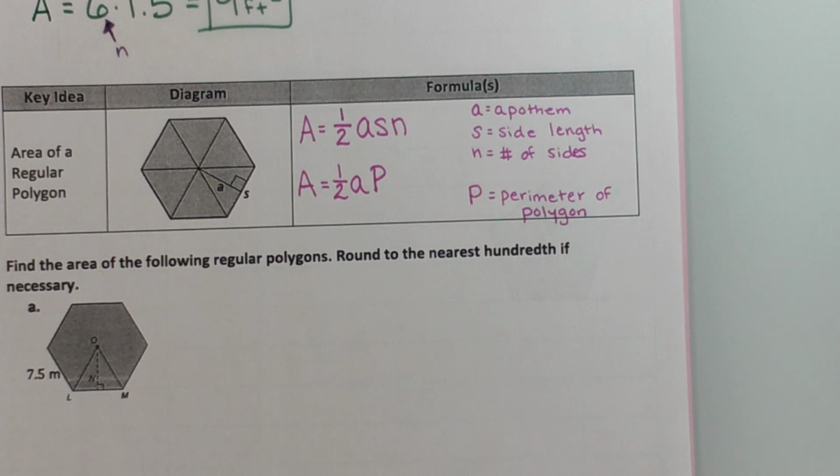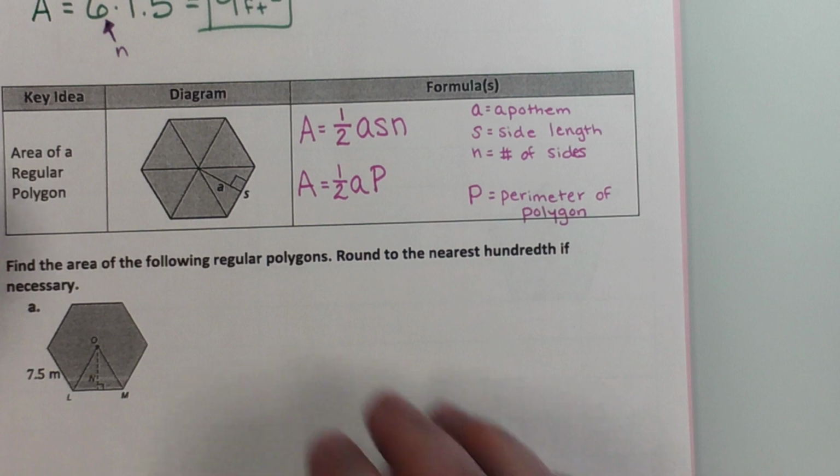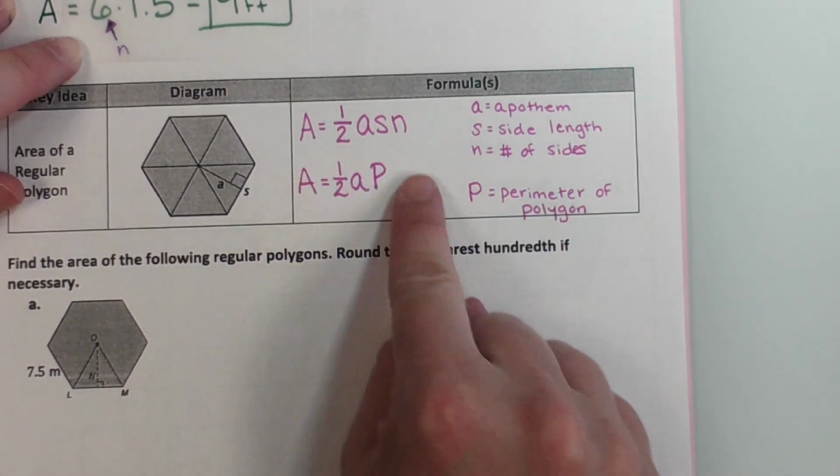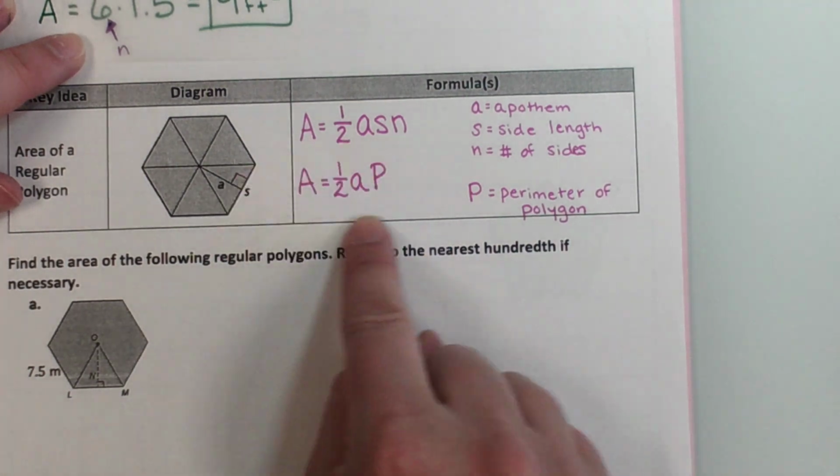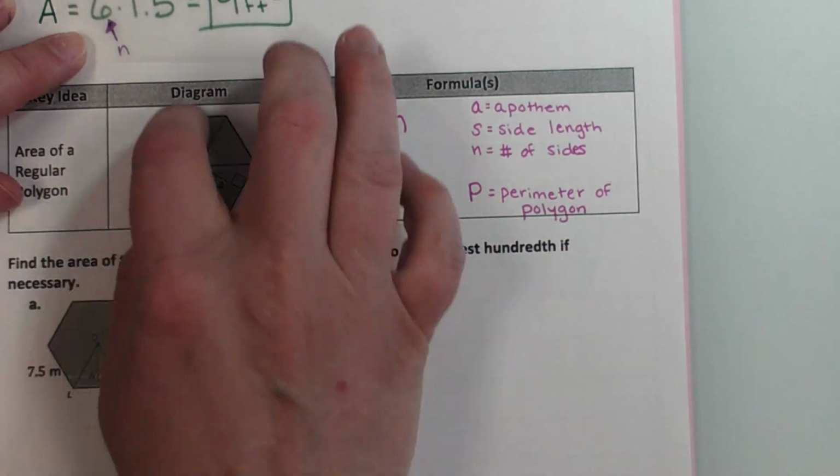Technically, you can add up all the sides, but if all the sides are the same, side length times number of sides is perimeter. Now, I'll be honest. The only time I ever use this formula is if I know P. Otherwise, I use the top one.